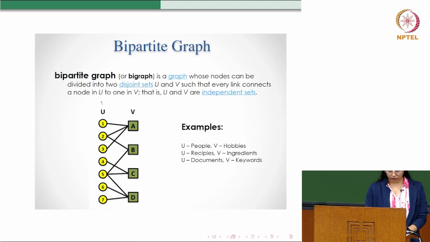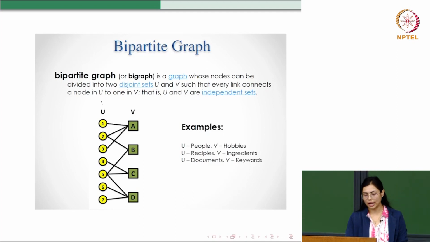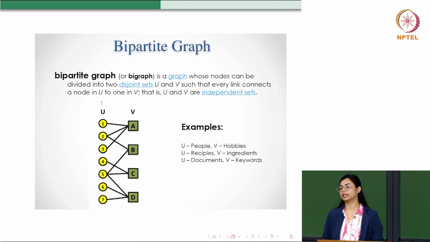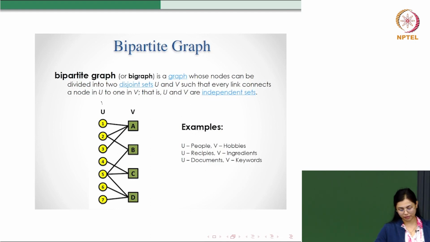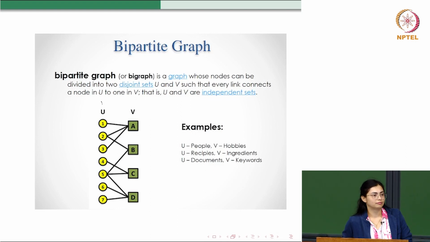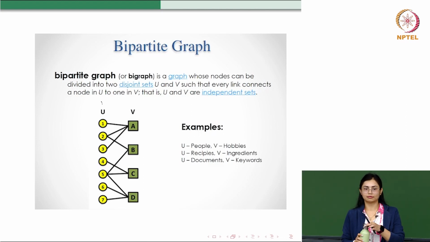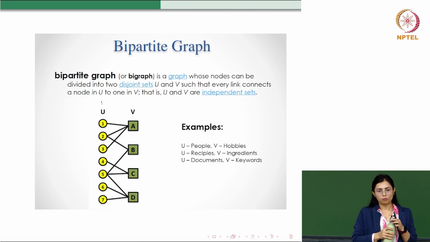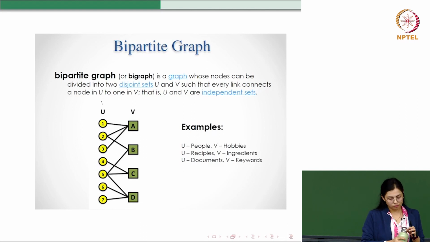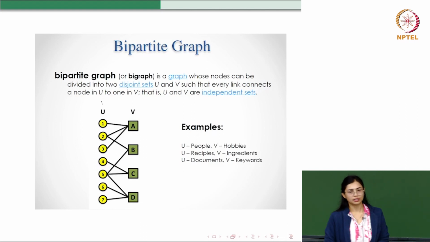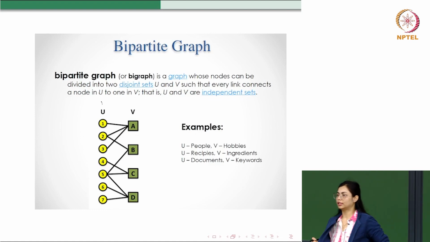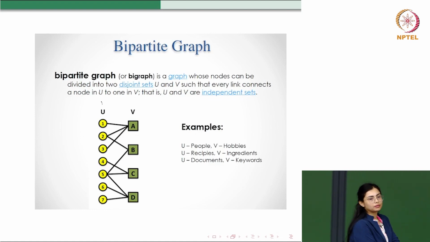In U there is no mutual connection among the nodes, and likewise in V. Can you think about some real life example here? Let's say in a college the placement season is going on: on one side we have students and on the other side companies, and there is an edge if a company recruits a student. Right. Anybody else? Can you think about a bipartite graph?